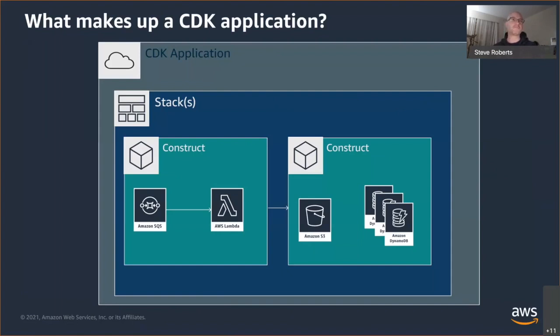Within each stack, we compose our infrastructure by using one or more constructs, and constructs map to cloud resources. Now, they can map to low-level CloudFormation resources, for example, say just a virtual machine instance, or they can be higher-level opinionated resources. Now, opinionated constructs pre-supply certain reasonable or common defaults for some of the resource properties.